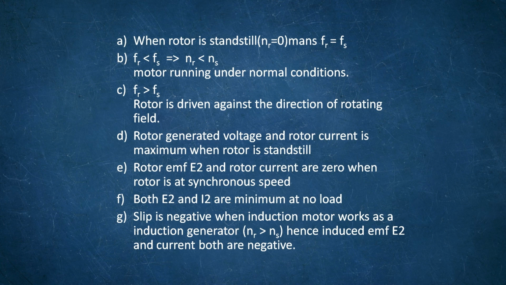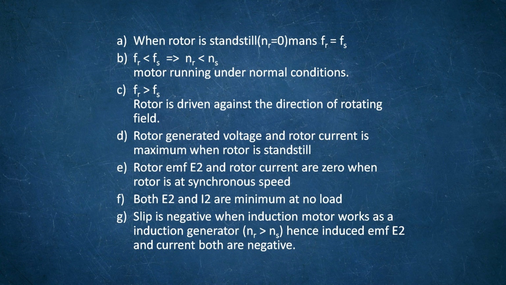Supply frequency is 50 Hz. If the frequency is more than 50 Hz, then the rotor is driven against the direction of the rotating field. Rotor generated voltage and rotor current are maximum when the rotor is standstill.